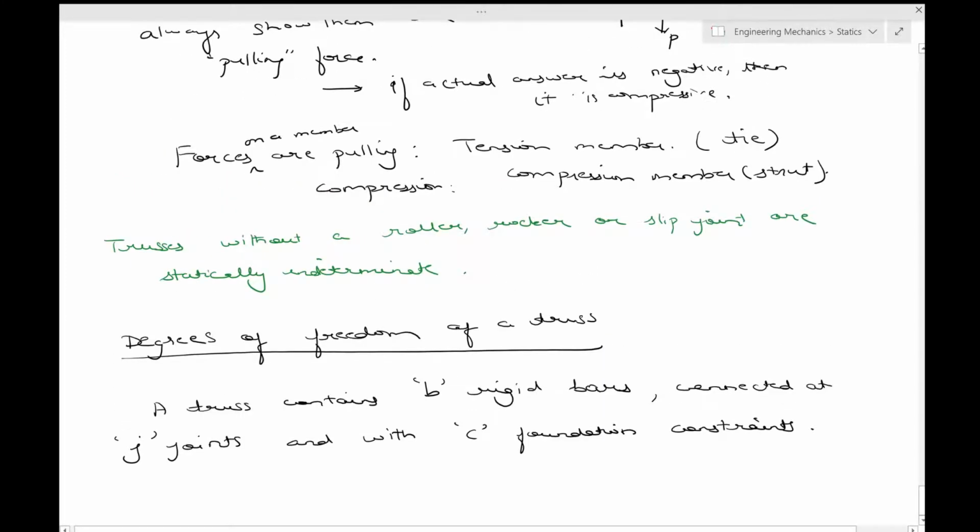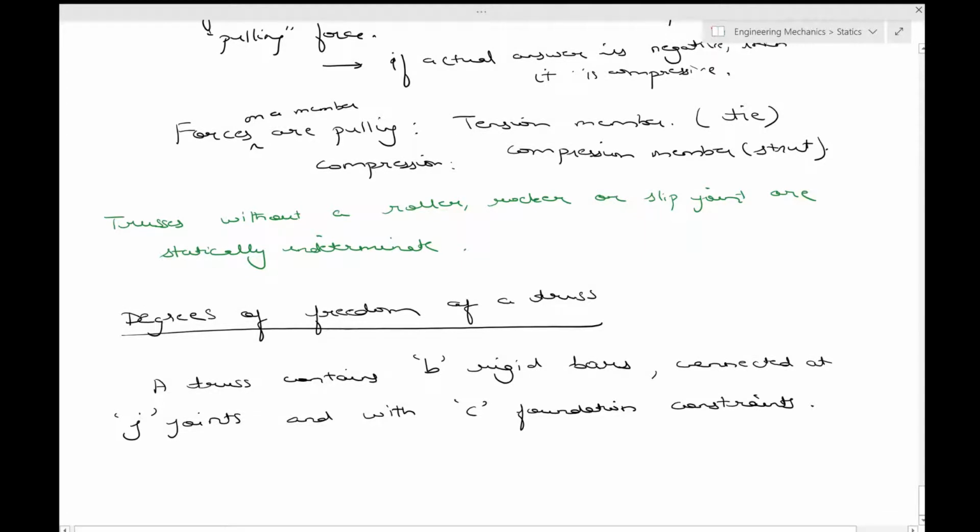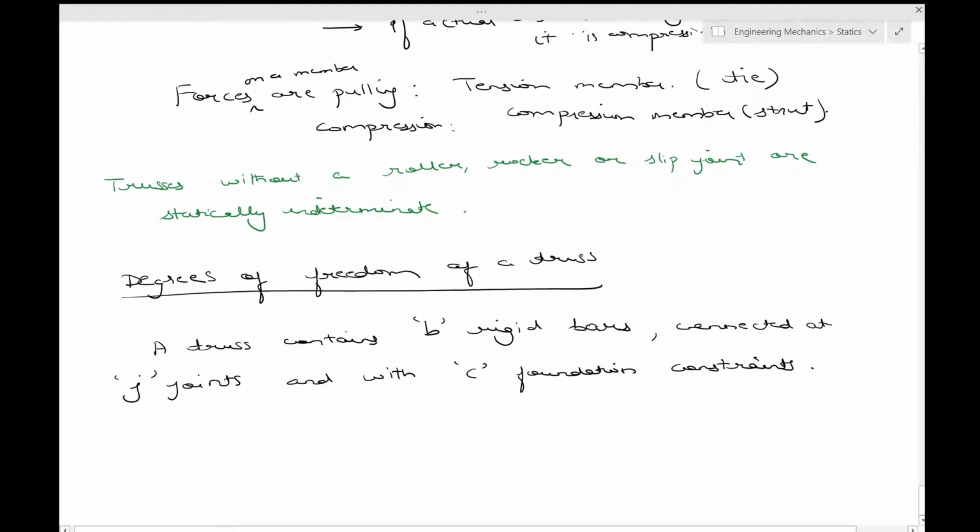Okay, so what is the number of constraints which you need to specify the J joints? Each joint will be represented by 3 coordinates if you are in 3 dimensions, and if it's 2 dimensions or a plane truss, it would be 2J.